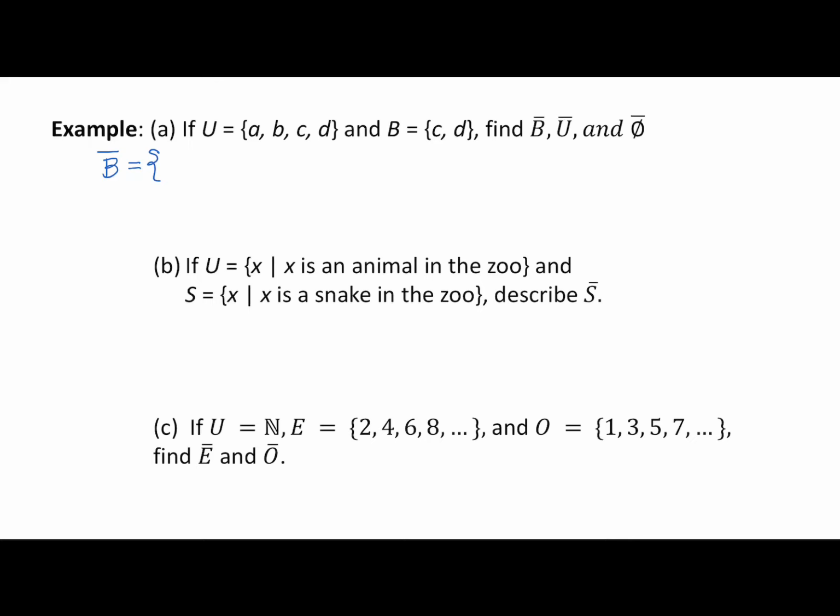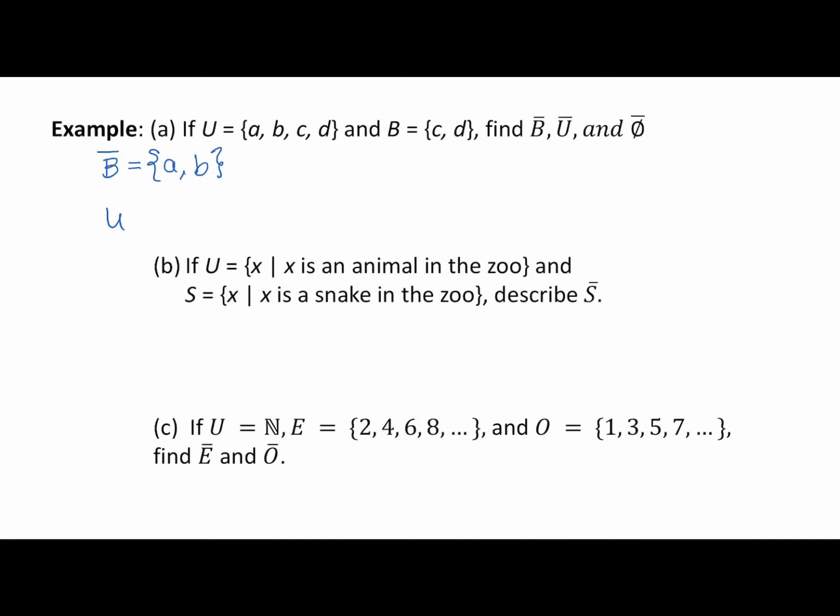A is not in B, so that's going to go in B complement. B is not in B, so that goes in B complement. The remaining elements of U, C and D, both live in B, so that's it. B complement is just the set containing A and B.